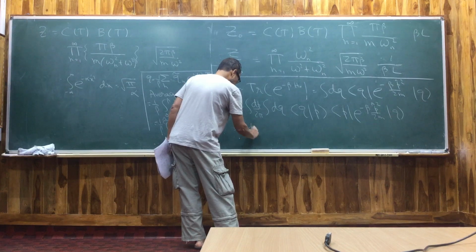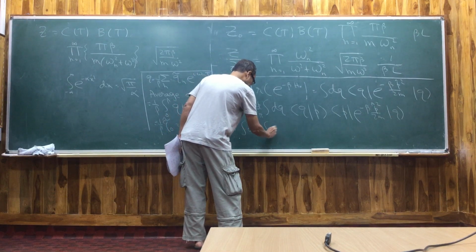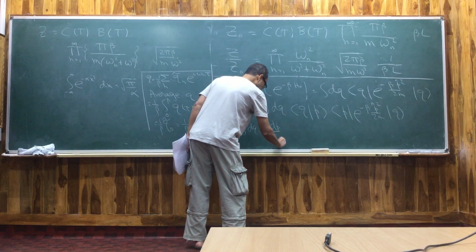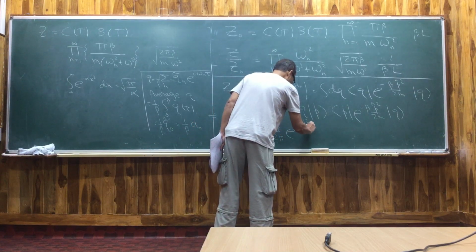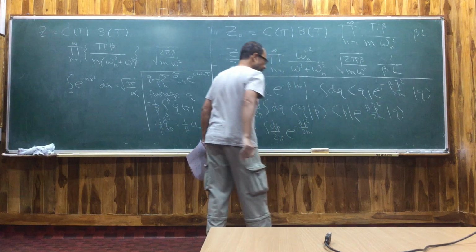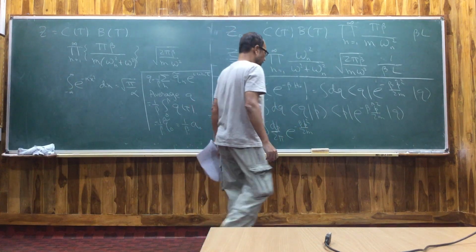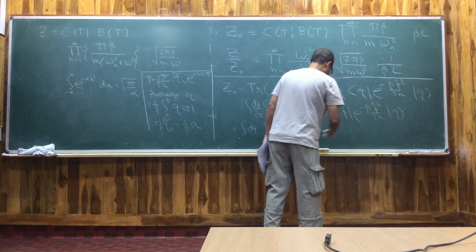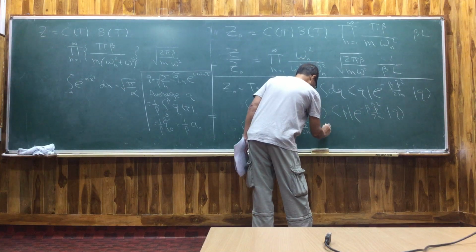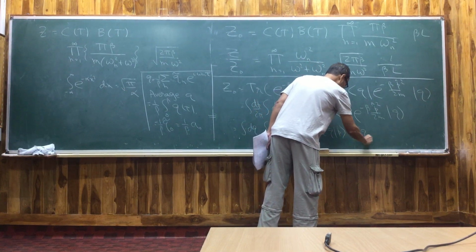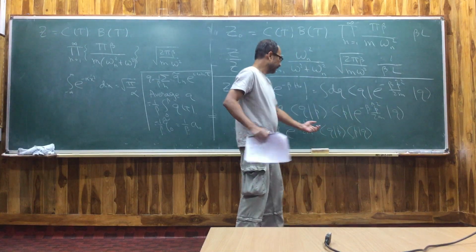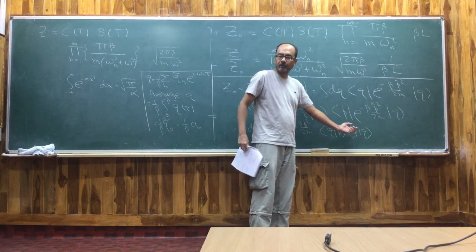We get the integral dq, integral dp by 2 pi, e to the minus beta p square by 2m, and then we have <q|p><p|q>. This is just one, right? e to the minus iqp times e to the iqp.